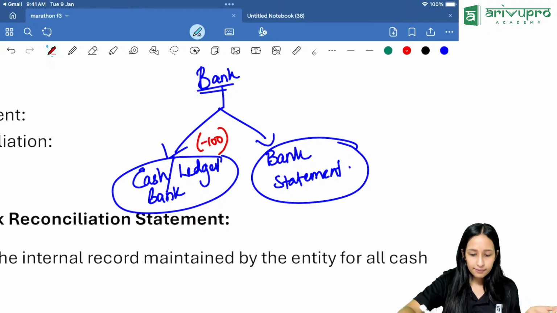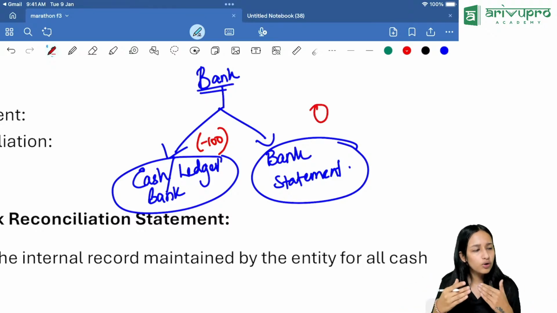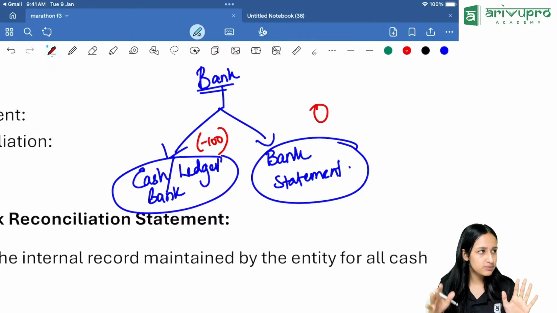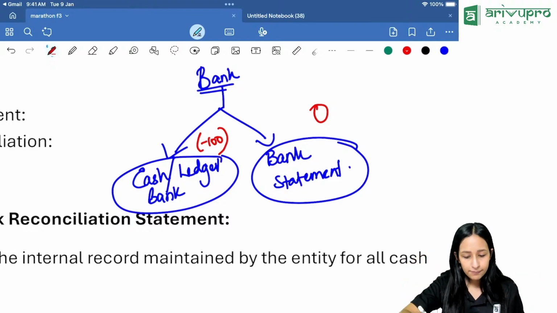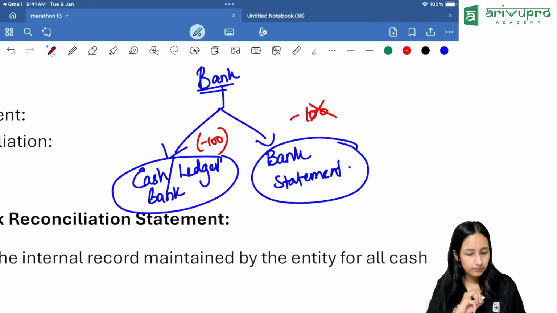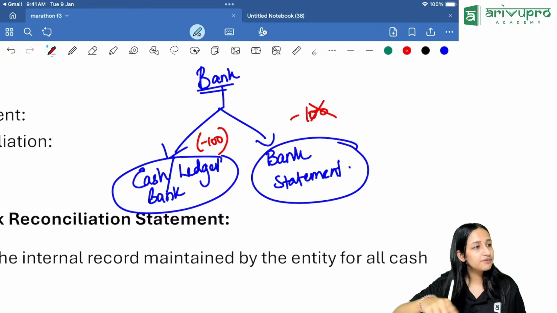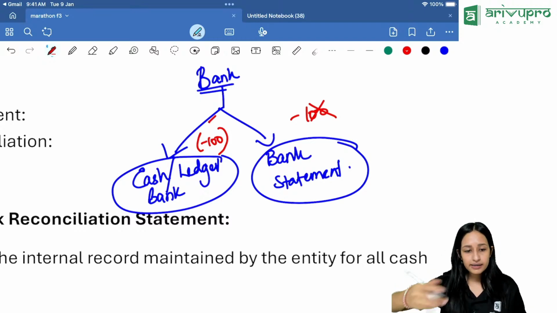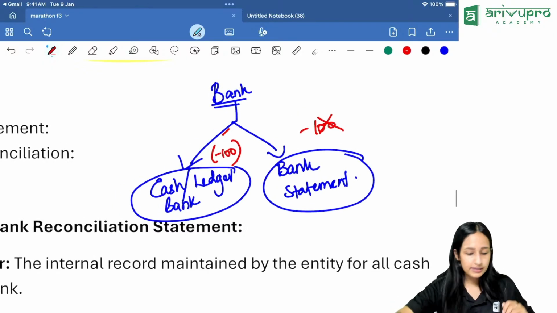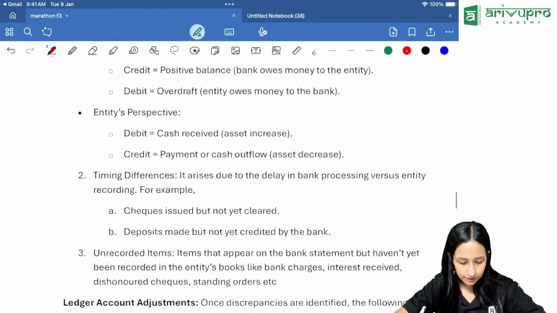Our bank balance is at 0, so it cannot go out. So the bank will bounce the check. We will not get to know that the check is bounced. We will have assumed that 100 is already gone out of the business, but from the bank's perspective, this 100 has not yet gone. So this is where a difference is happening. Can you see, minus 100 is included here, but in the other place minus 100 is not included. That is when there is a timing difference.